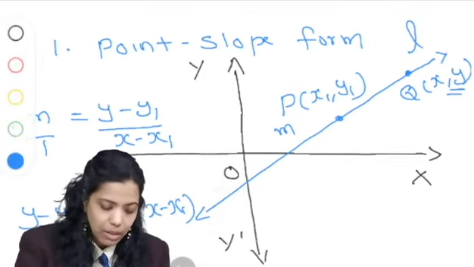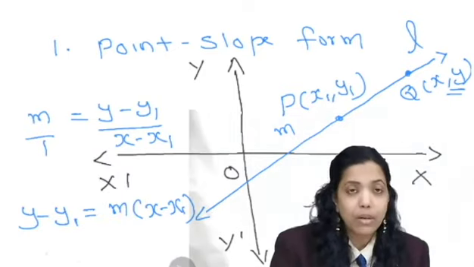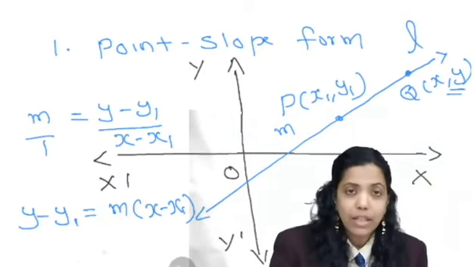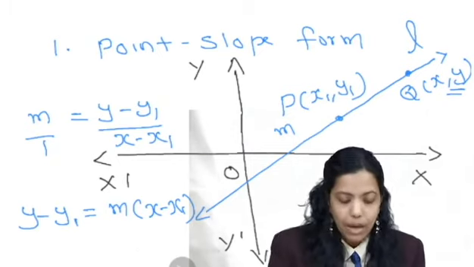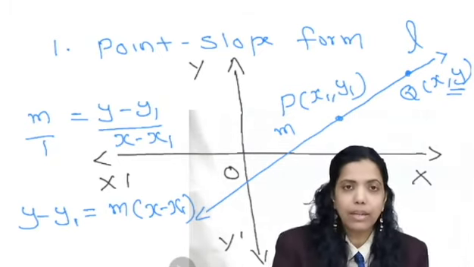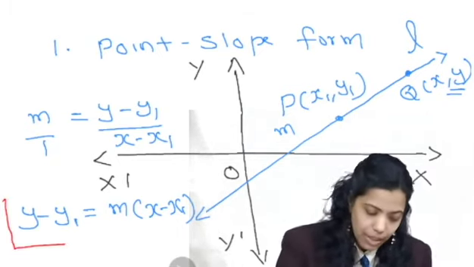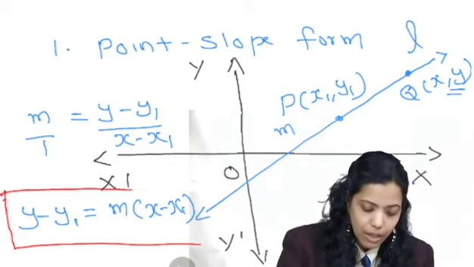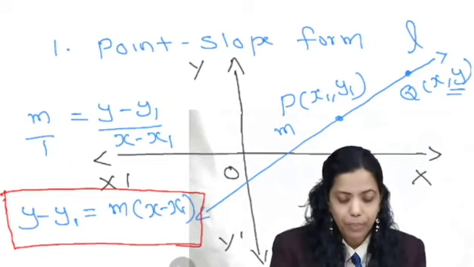So here comes the required format of the equation of the straight line when the slope of the line M and one of the points on the line are given. That is y minus y1 equals M times x minus x1.